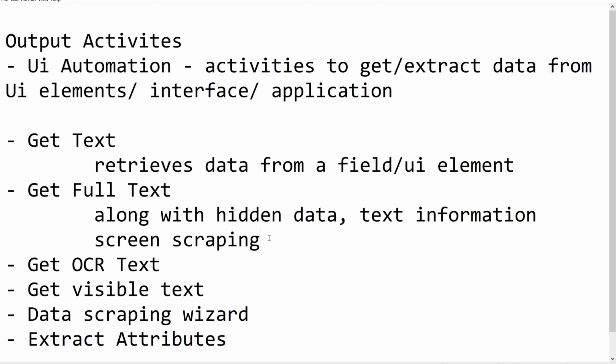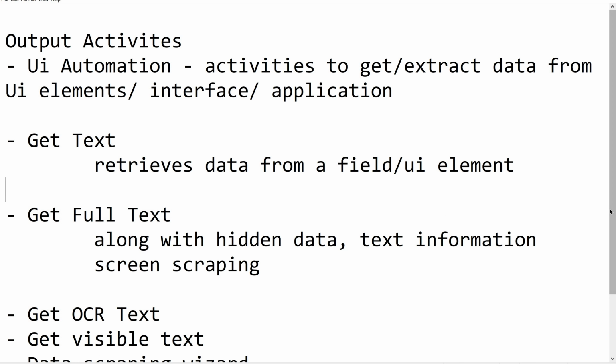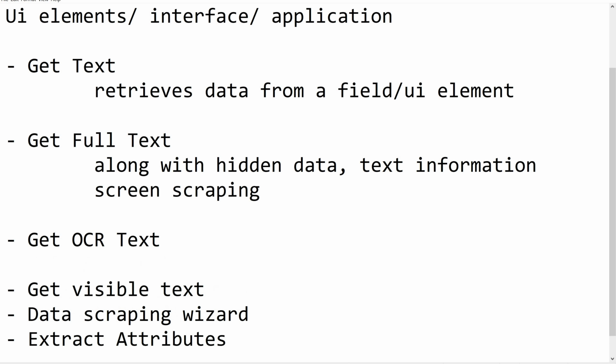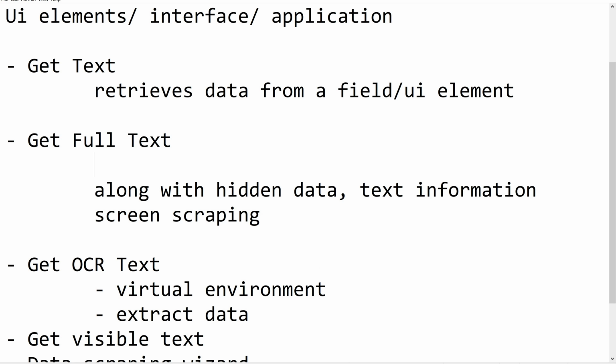Next, let us move on to get OCR text. You can see the difference. OCR is optical character recognition, which means it works for a virtual environment. It will extract data and give us a string.